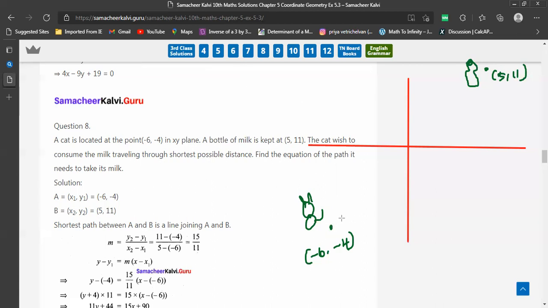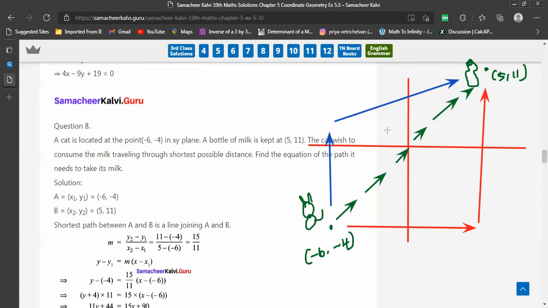So the cat has to travel to take its milk. They're asking about the shortest possible distance. It can go like this, or else the cat can go like this also, right? It can travel this way also. So it can go through any coordinate plane. They're asking about the shortest possible distance.